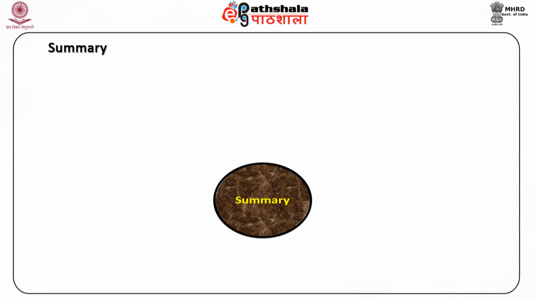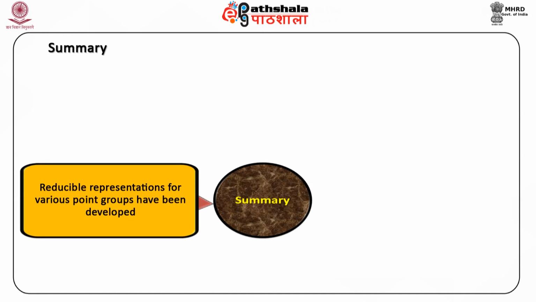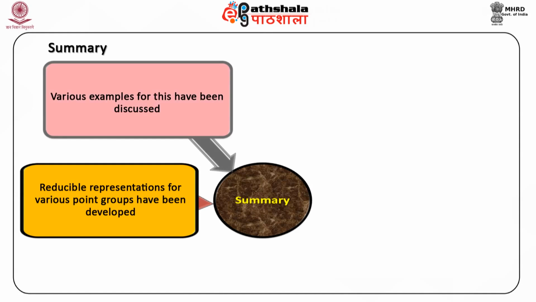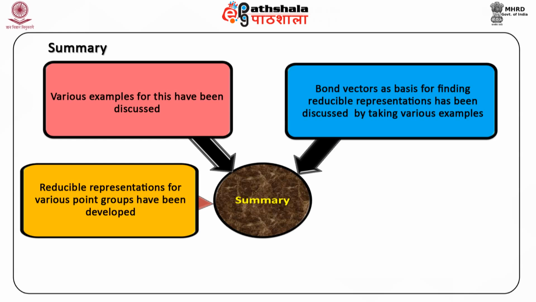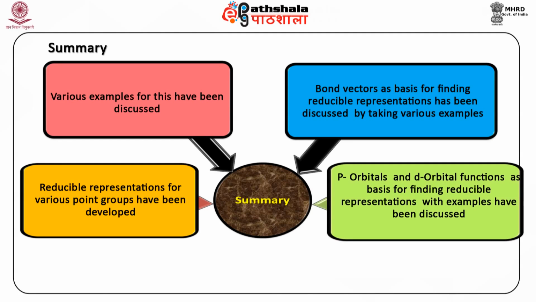After studying this module, you must have clearly understood reducible representations for various point groups and various examples for this. You have also learned bond vectors as basis for finding reducible representations by taking various examples. P orbitals and d orbital functions as basis for finding reducible representations with examples have also been discussed.